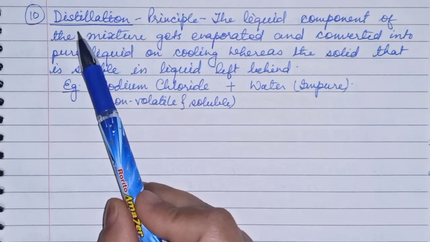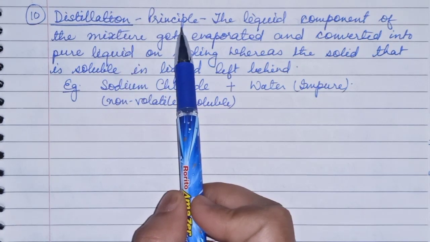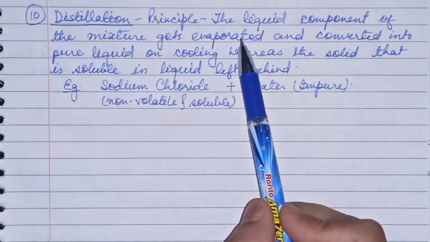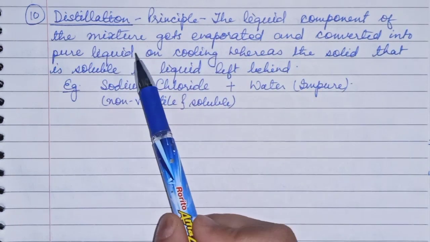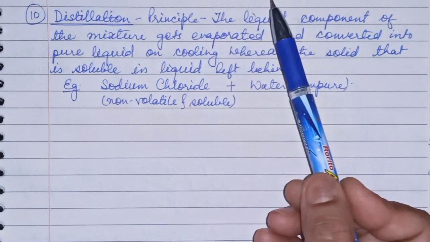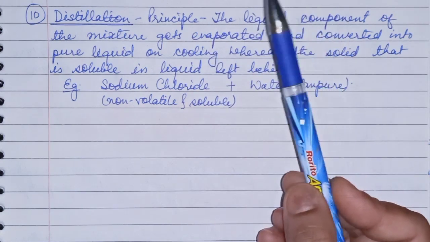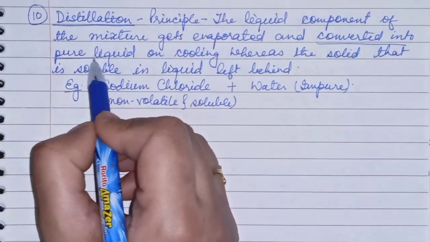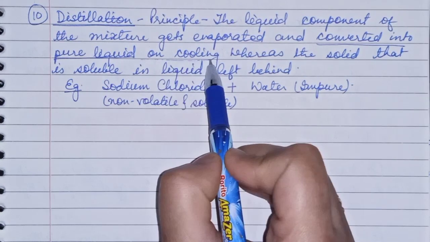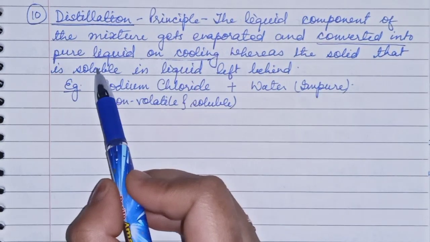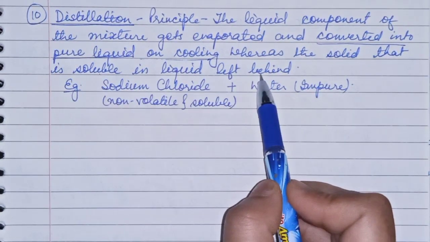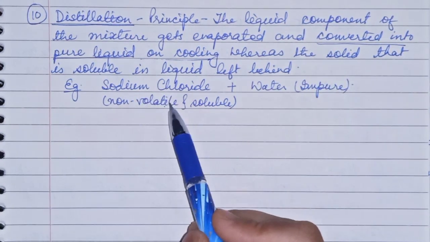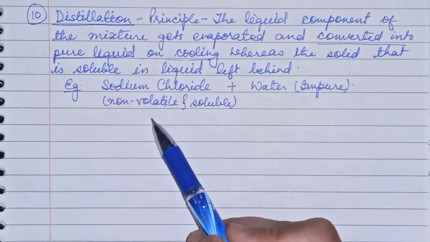Now the next method is distillation. The principle for this process is that the liquid component of the mixture gets evaporated and converted into pure liquid on cooling. In evaporation the liquid is getting evaporated only. Here the liquid is converted into pure liquid also, on cooling, whereas the solid that is soluble in the liquid is left behind, and that solid is non-volatile, which will not convert into vapor.